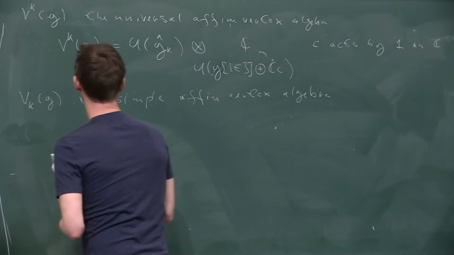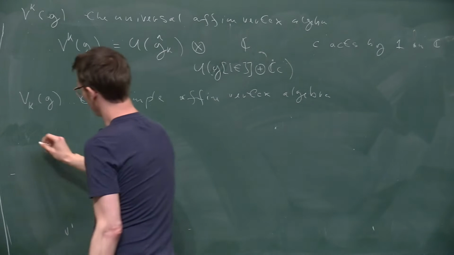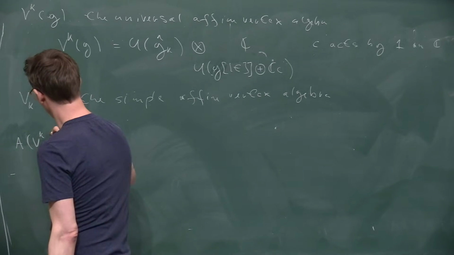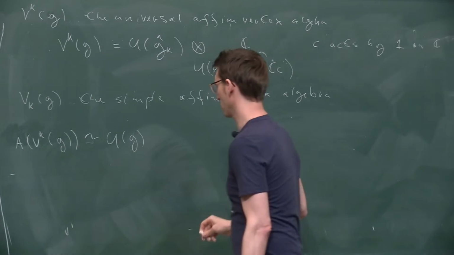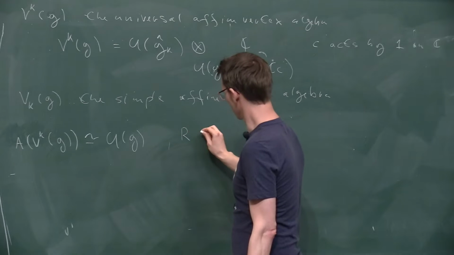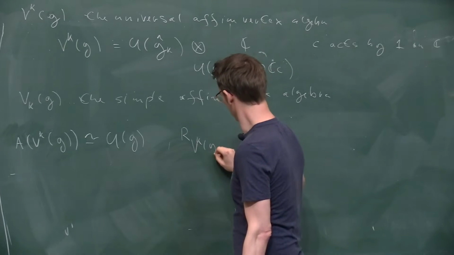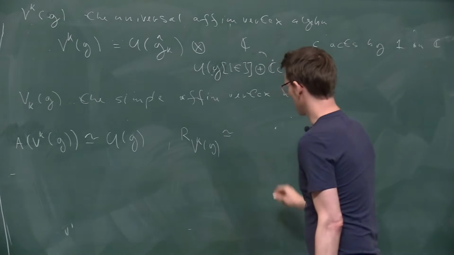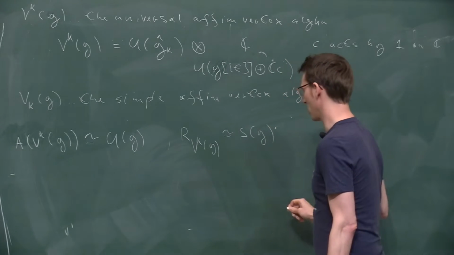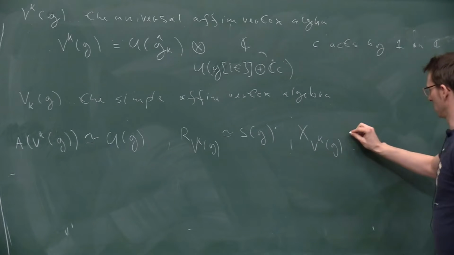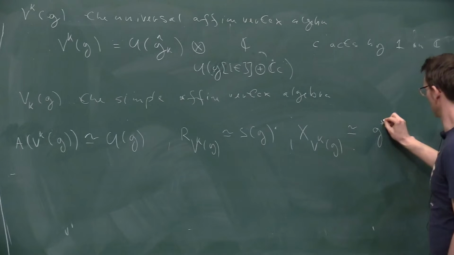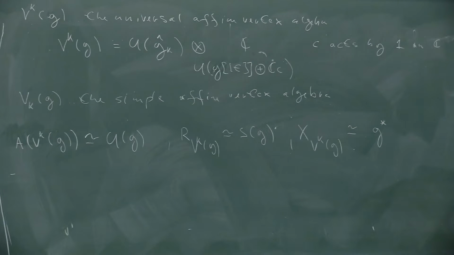Well, in this case, for the universal affine vertex algebra, this C2 algebra is just isomorphic to the symmetric algebra, and the corresponding associated variety is isomorphic to the dual of the Lie algebra G. So it's a Poisson variety.